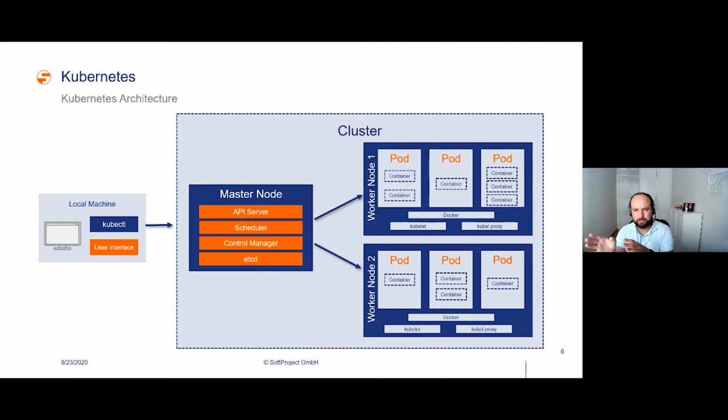All of these things can be done by a command line tool called kubectl. Or if a user interface is installed on any machine, we can do that in the same way using the user interface. So this is a big picture of the Kubernetes architecture.